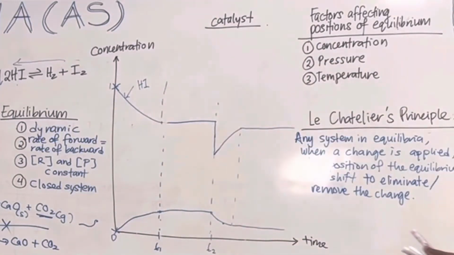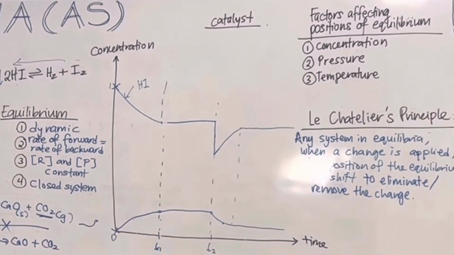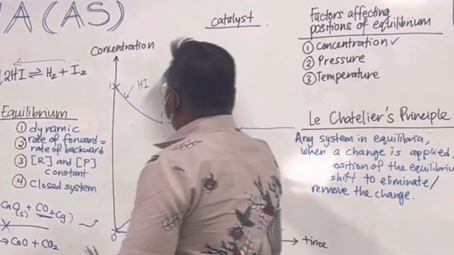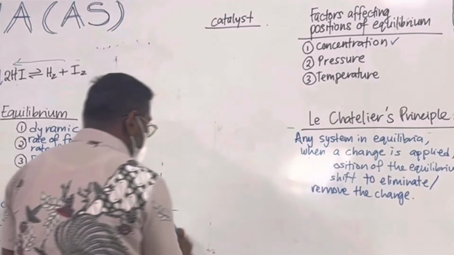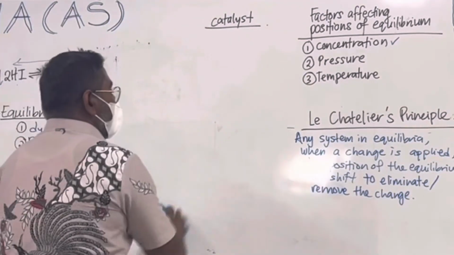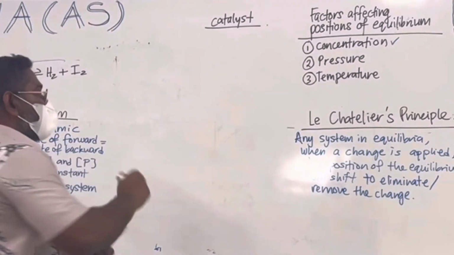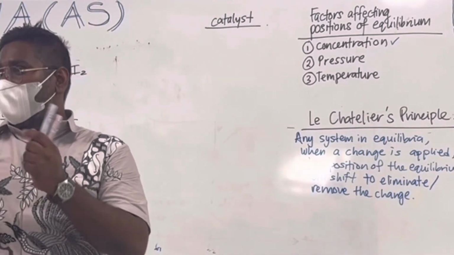Now, let's have a look at concentration, pressure, and temperature. Concentration I have taught you, quite easy to understand. I will teach you about pressure and temperature so that tomorrow you will be able to understand better. When you look at pressure, it is only going to be applied for gas systems.